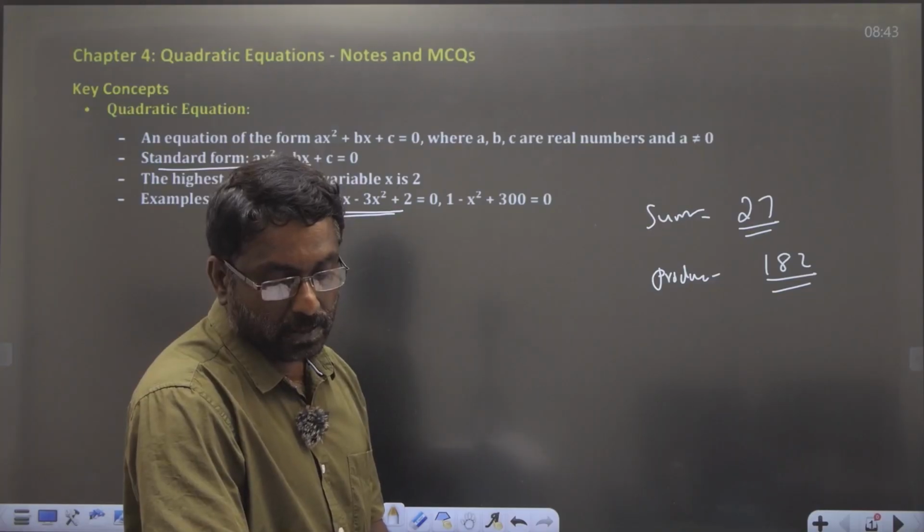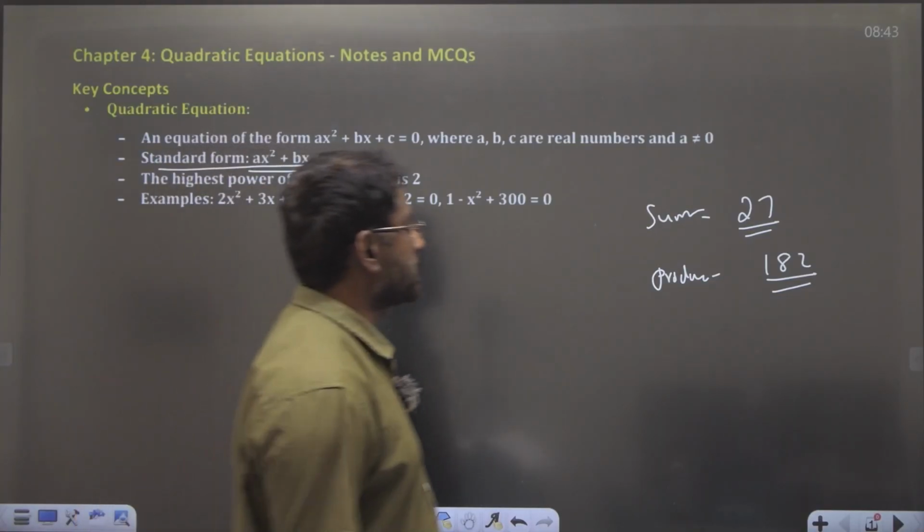Sum 27, product 182. We can guess the numbers, no problem.